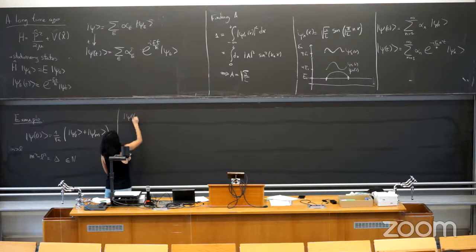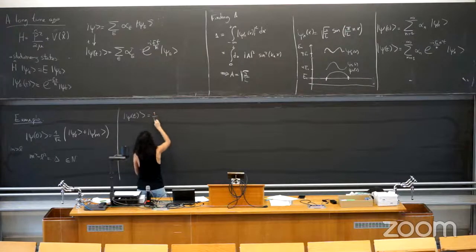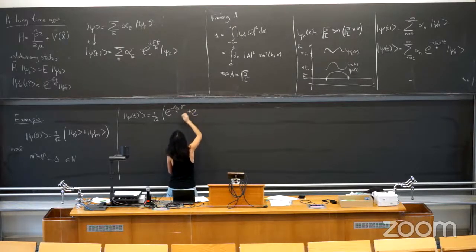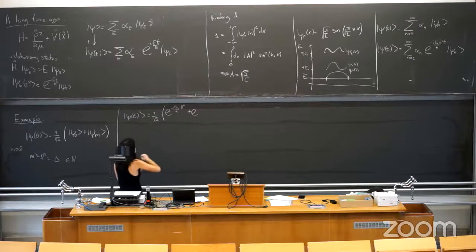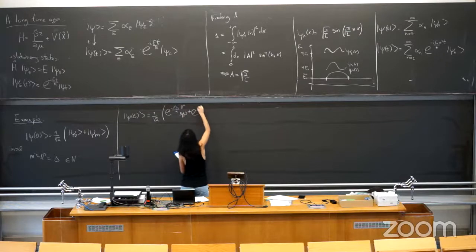Then we have, at time t, 1 over square root of 2 times e to the minus i t E1 over h bar L squared, plus e to the minus i t E1 over h bar m squared.